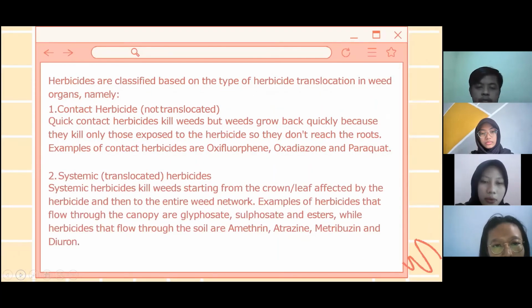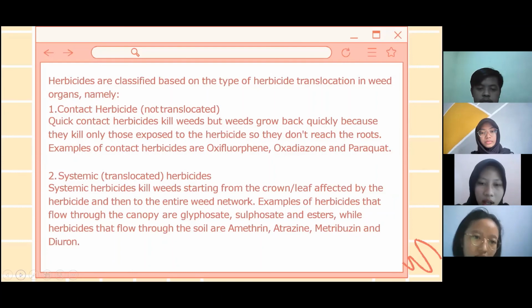Herbicides are classified based on the type of herbicide translocation in weed organs, namely: 1. Contact herbicides, non-translocated. Contact herbicides kill weeds quickly but weeds grow back quickly because they kill only those parts exposed to the herbicide, so they don't reach the roots. Examples of contact herbicides are oxyfluorfen, oxadiazon, and paraquat. 2.